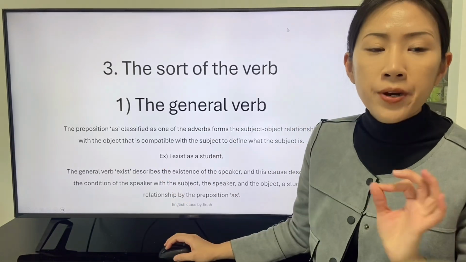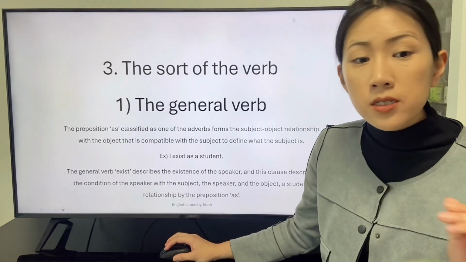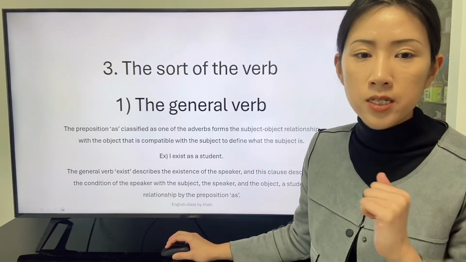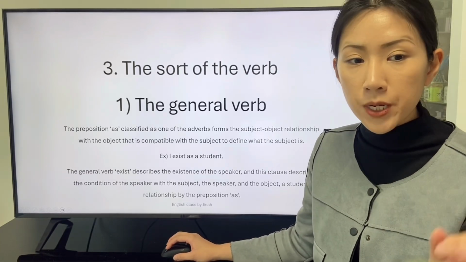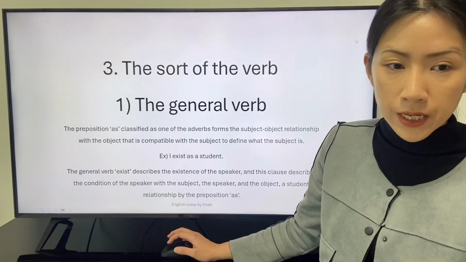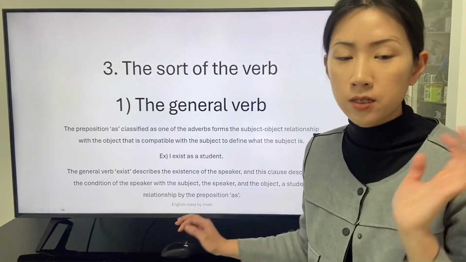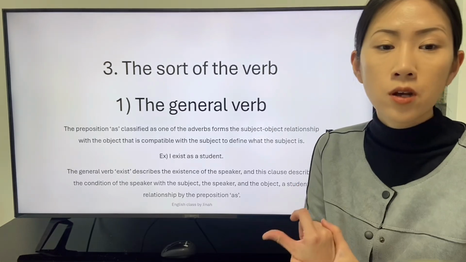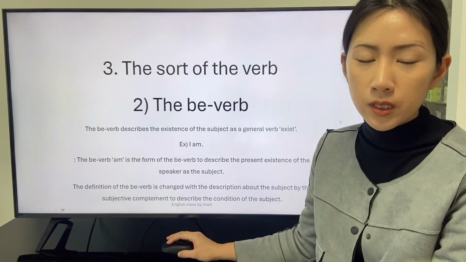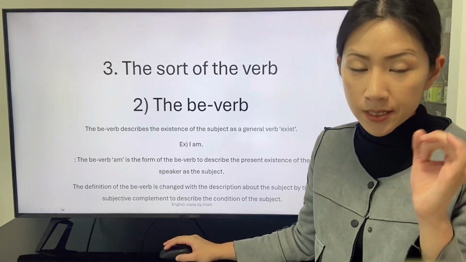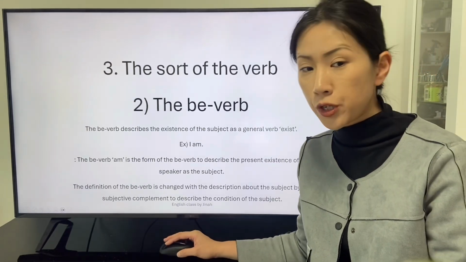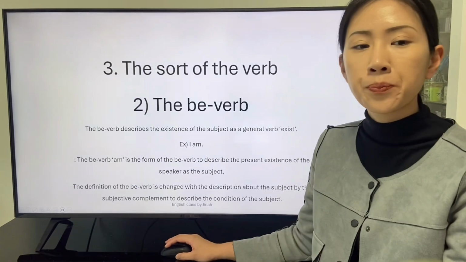The general verb exist describes the existence of the speaker, and this clause describes the condition of the speaker with the subject, the speaker, and the object, a student. The be-verb describes the existence of the subject as a general verb exists.